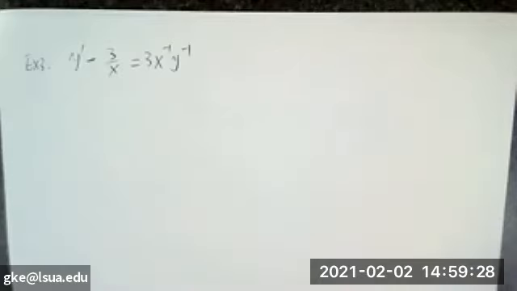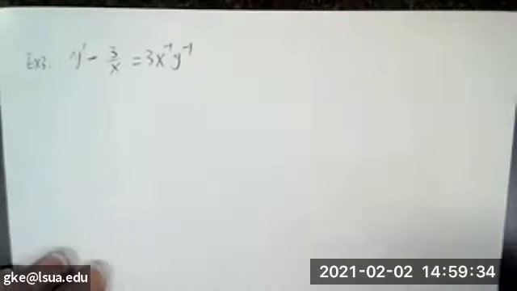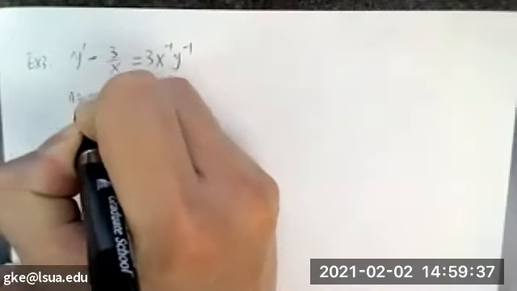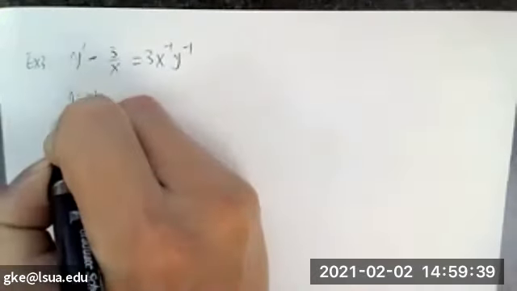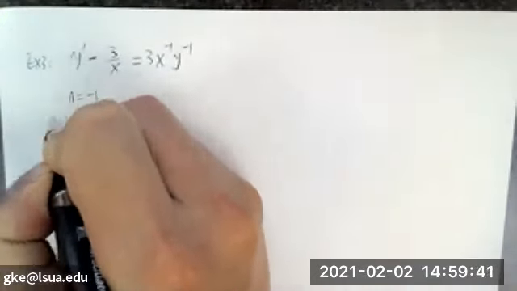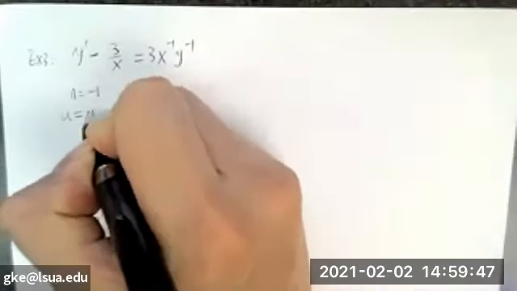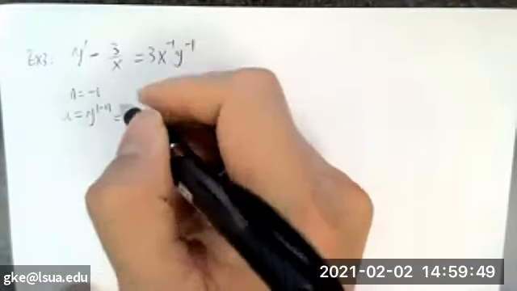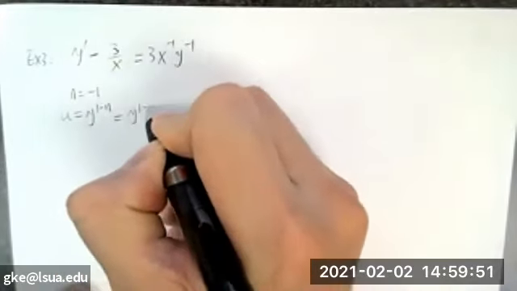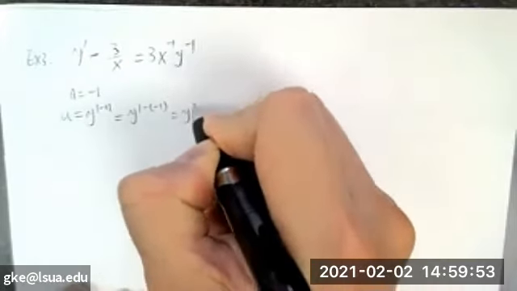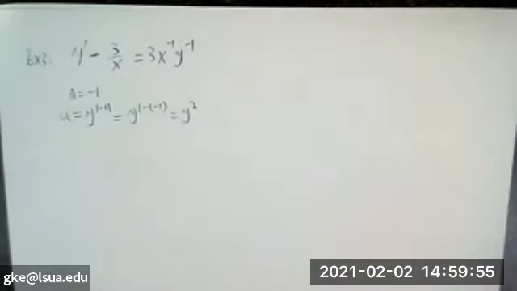Okay, I'm gonna write down the answer on board. I'm gonna show you the answer. Okay, so here n equals -1, right? So we're gonna let u equals what? U equals y to the power 1 minus n, right?